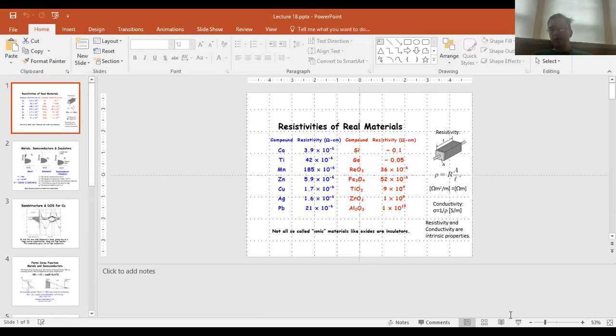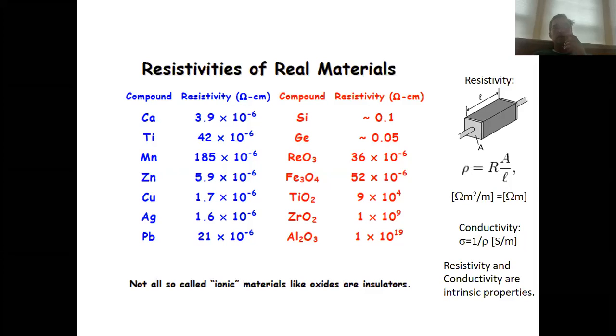So you should now be able to see here this slide about resistivities of real materials.